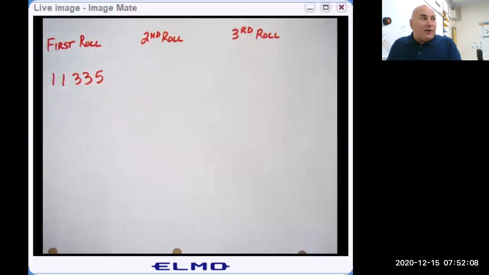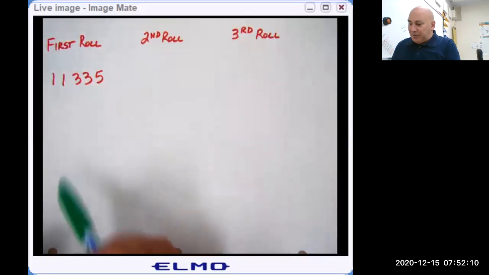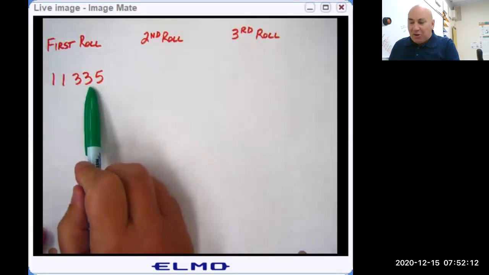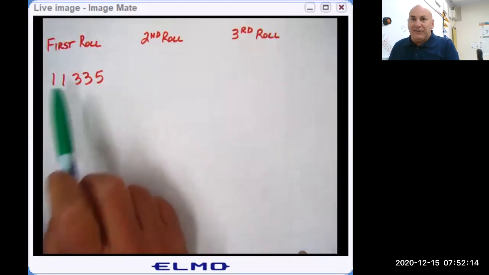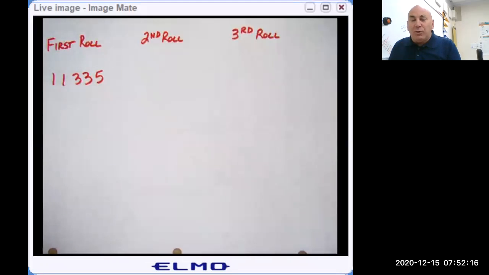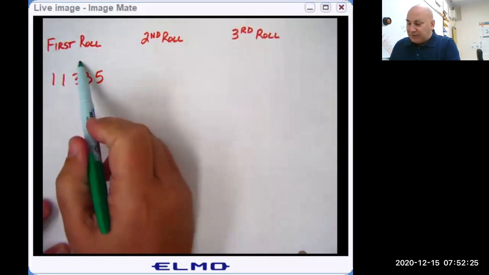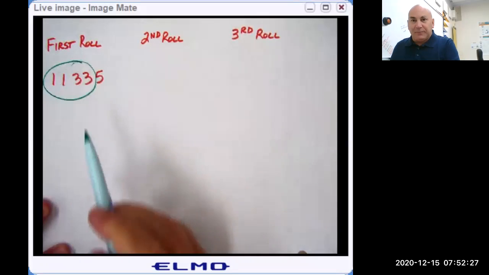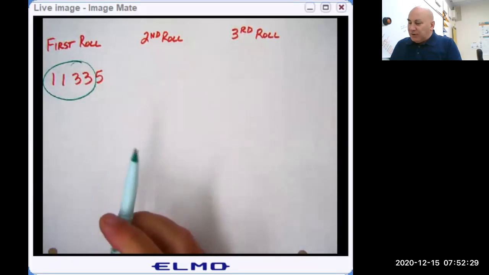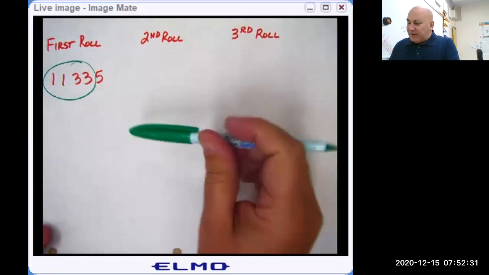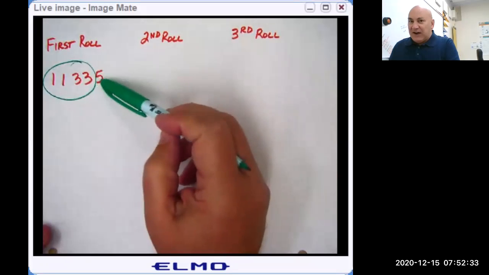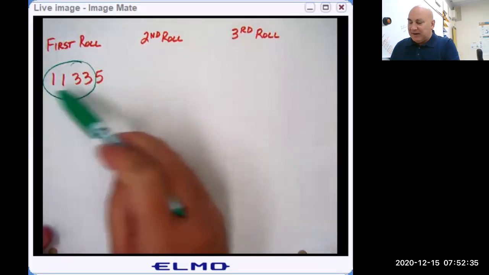All righty. So let's take an example. Let's say this was my first roll. 1, 1, 3, 3, 5. What would you do? What would you hold here? Assuming you don't have a full house, I would hold these 4. So I'm rolling only this die because I've set these aside.